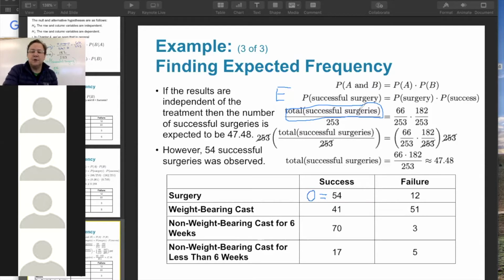We know the actual number was 54, but leaving that as a variable, it can be shown that the expected number should have been 47.48, which is kind of weird. You can't have 47.5 successful surgeries. But for the purposes of our computation, we can look at this as the theoretical expected number. We have to repeat all these computations for all 8 of these entries, and compare what was observed to what was expected and see if it's a significant difference.